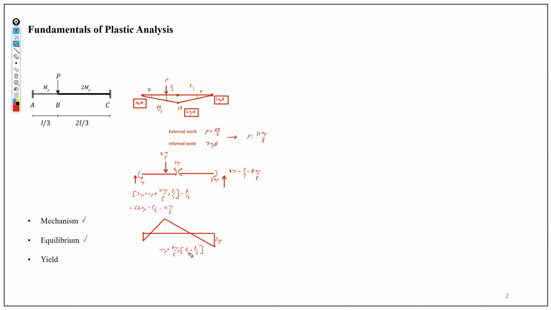Then for L over 6 here, minus 2 Mp. Then it will be 10 Mp over 3.